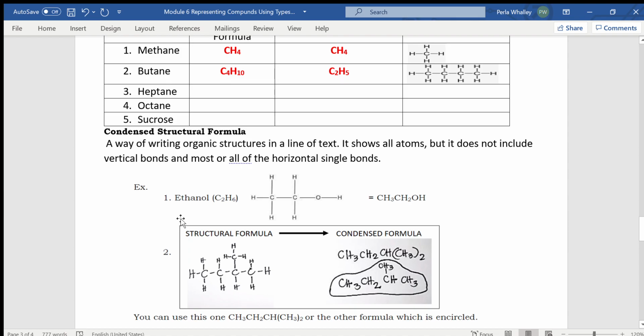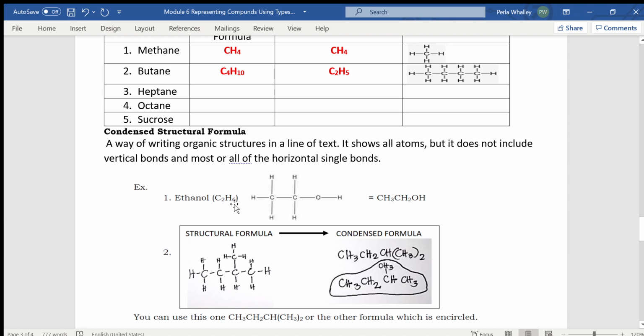So for example, ethanol. Ethanol is an alcohol which has an OH. So this is ethane, and then H was removed or exchanged with an OH. So that is ethanol.